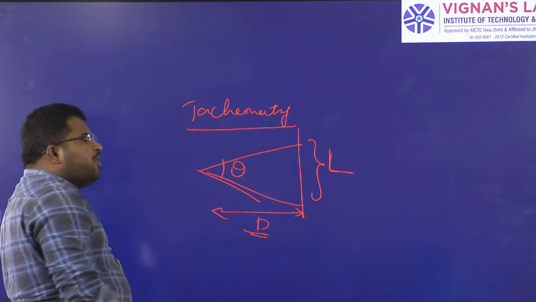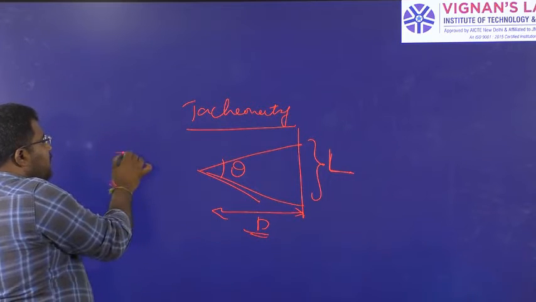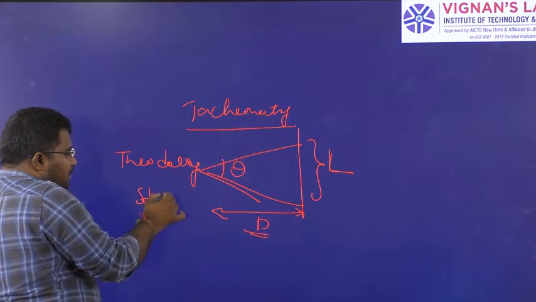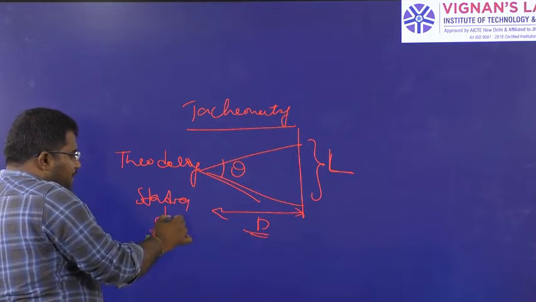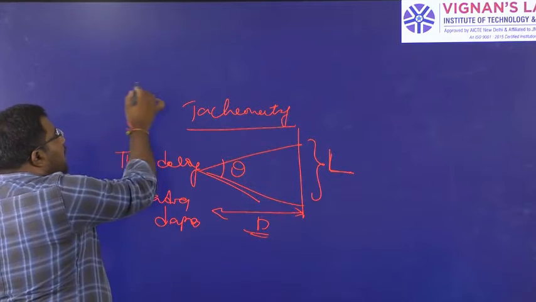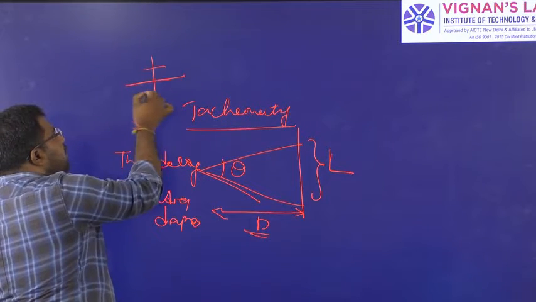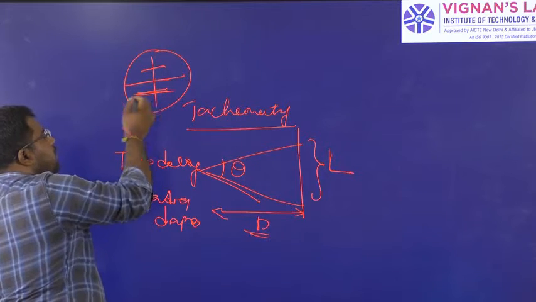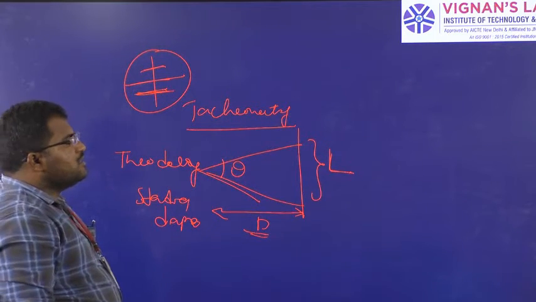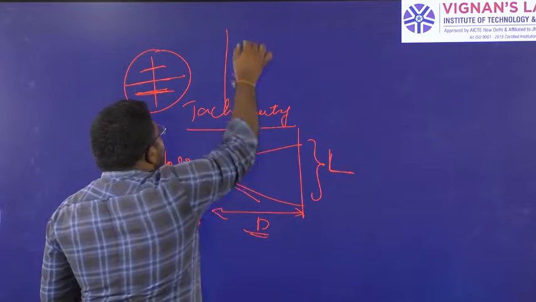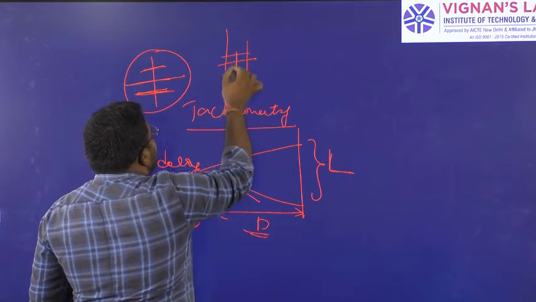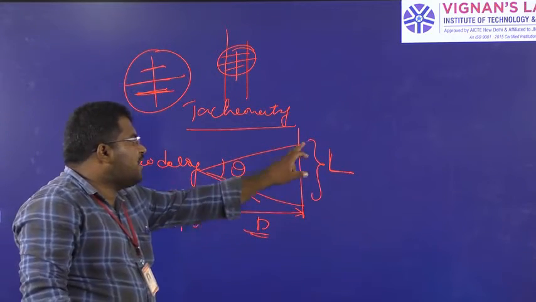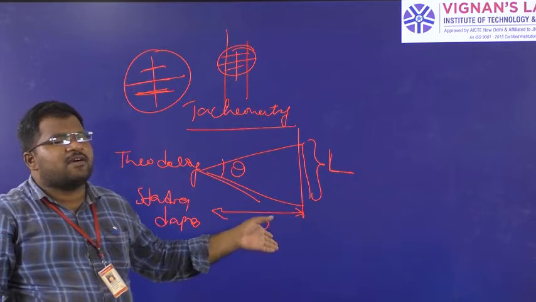Here we use an instrument, a type of transit theodolite, which has a special arrangement called the stadia diaphragm. Along with the cross hairs, we have two hairs, top and bottom, called stadia hairs. With the help of these we intercept the staff and read the value. Based on the theta value and staff intercept, we find out the horizontal distances as well as the elevations.